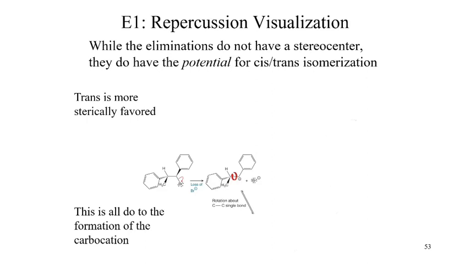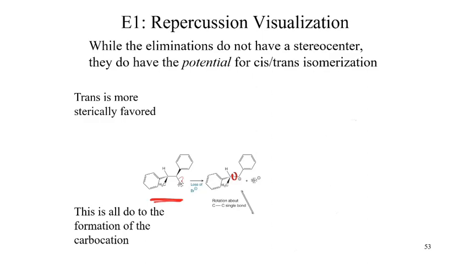It does depend on what structure we're looking at, on what starting material we're working with, because it's possible the starting material we have isn't going to result in cis-trans isomers. But if there is the potential for cis-trans isomers, we need to be aware of that and evaluate what's going on when we look at our end results.